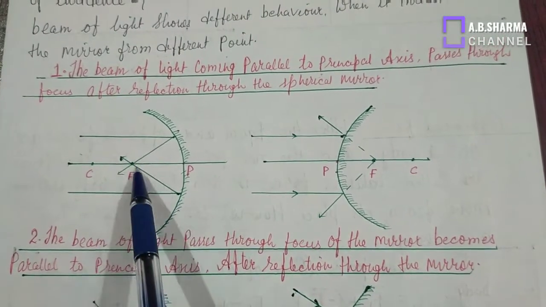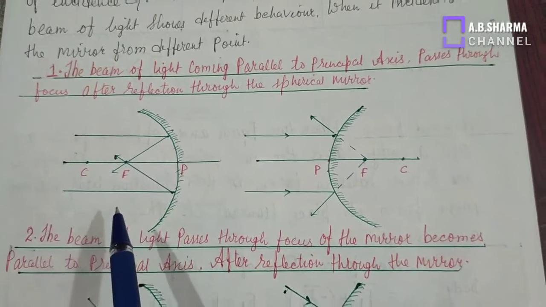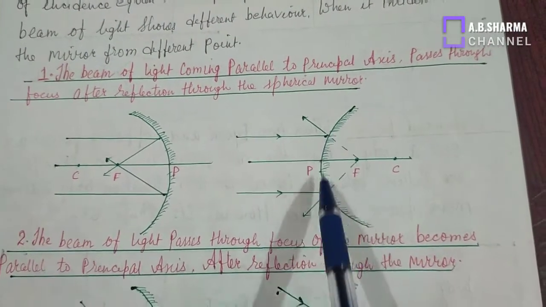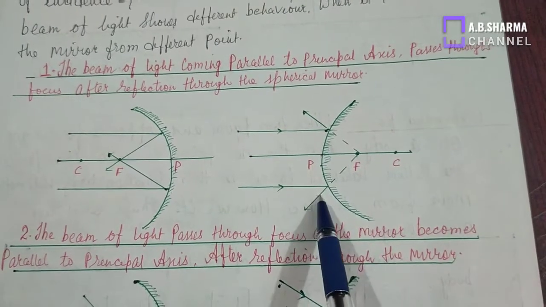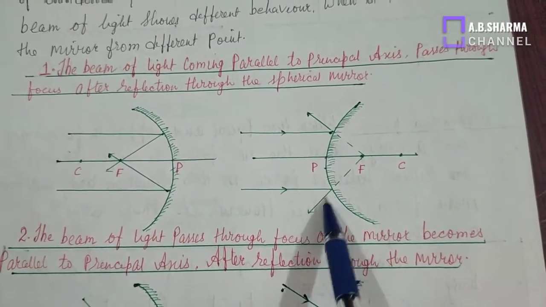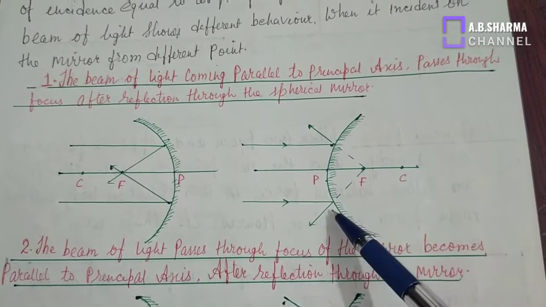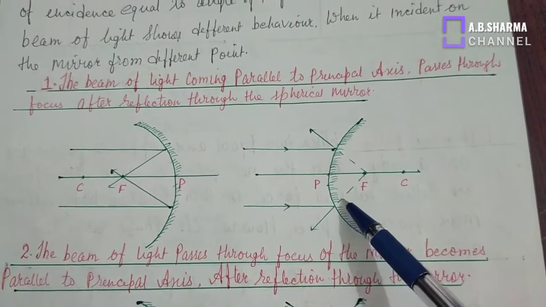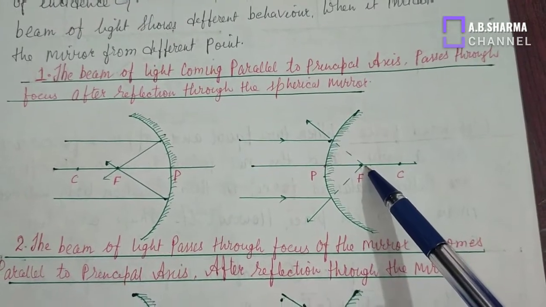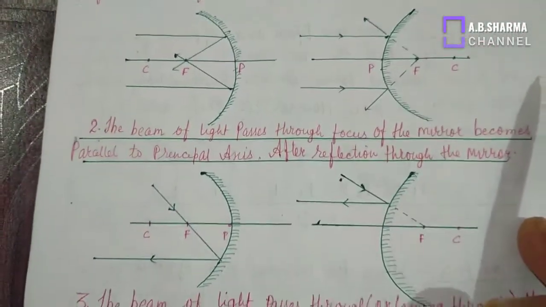So this is the first rule. In the case of a convex mirror also, the light rays coming parallel to the principal axis are incident on the mirror and reflected. But when we produce these lines backward, we see that they appear to come from the focus.